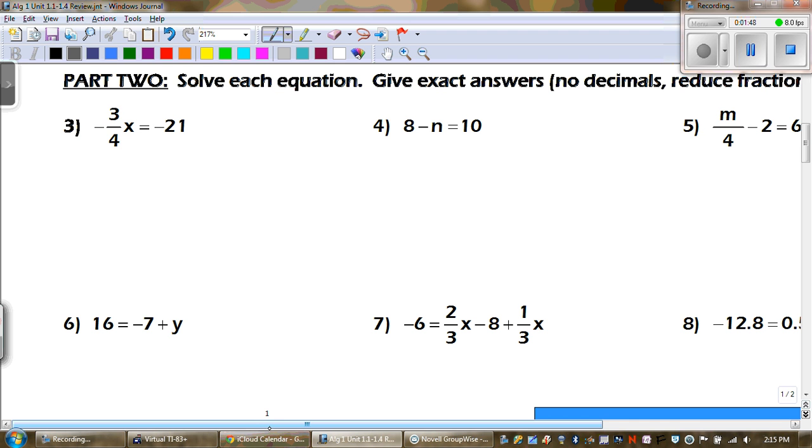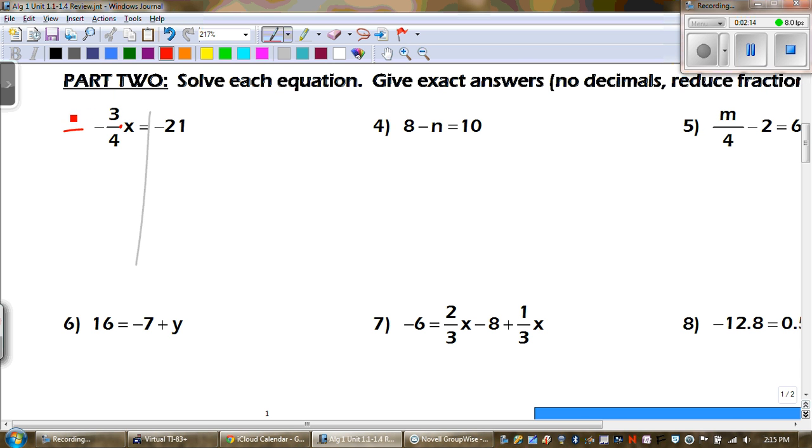All right, number 3. Now the next part says to solve each equation and give exact answers. No decimals, reduce fractions, okay? So for number 3, I need a little bit more room, so I'm just going to cancel that part out and get back to the problem. Remember that there's multiplication right here.